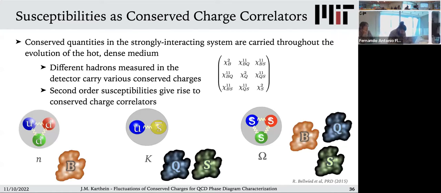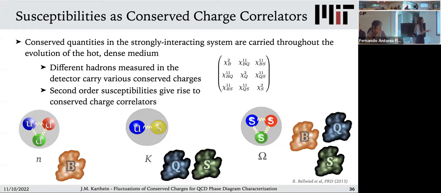And this is something really interesting, because different particles carry different conserved charges, and so you can think about these fluctuations. If I just look at the diagonal here, then I'm probing only the single conserved charge that I'm looking at.